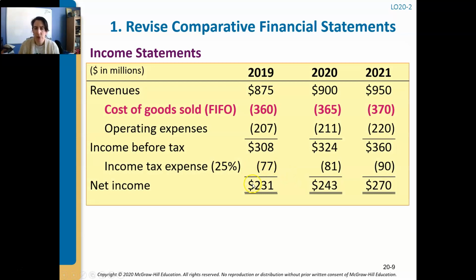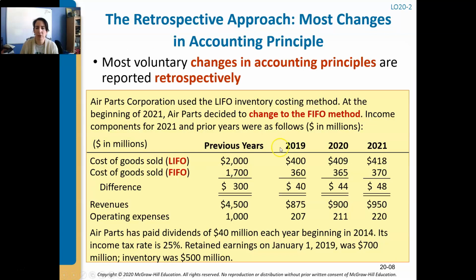This is in your book too, so you can follow along. We have to revise the financial statements. That's the whole point. We're retrospective, so we have to make them comparable and show it as if we've been using FIFO the whole way along. So we present it with the new FIFO numbers, 360, 365, 370 as our cost of goods sold. Let me go back over that: 360, 365, 370.